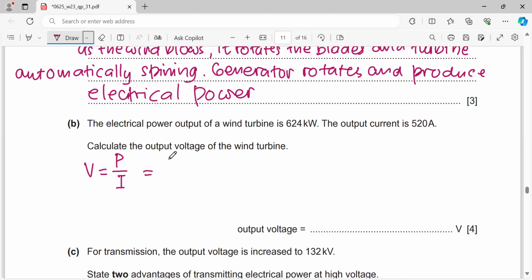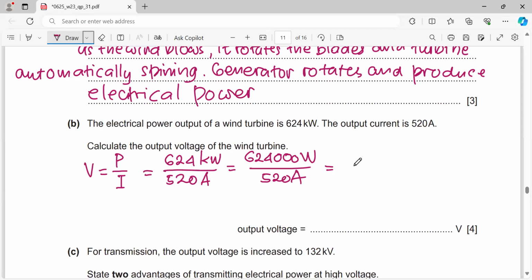So it becomes 624,000 watts over 520 amps. It is 1,200 volts or 1.2 kilovolts.